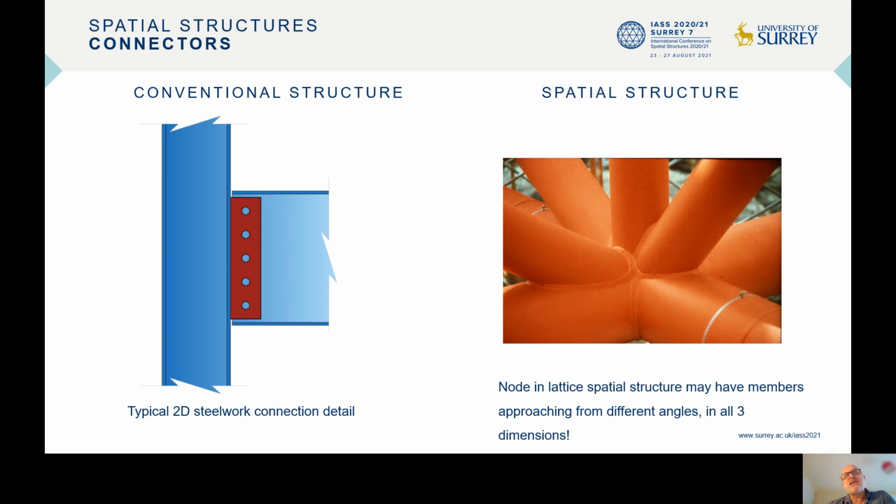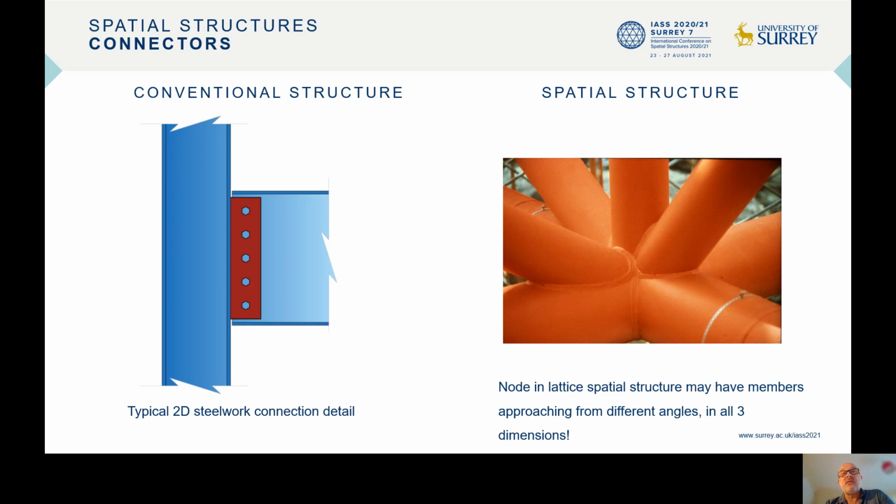And the paper discusses some of the differences between conventional structures and spatial structures, such as connections, which tend to be more complex for spatial structures than conventional structures.